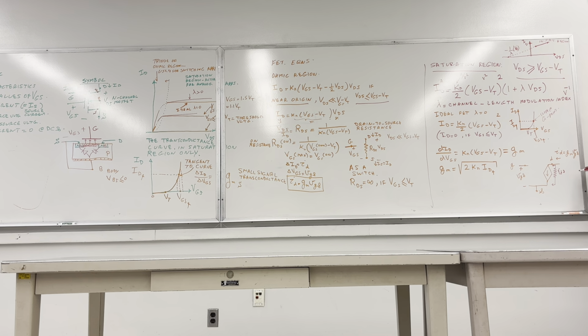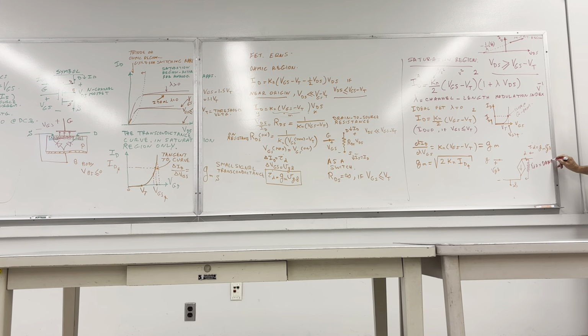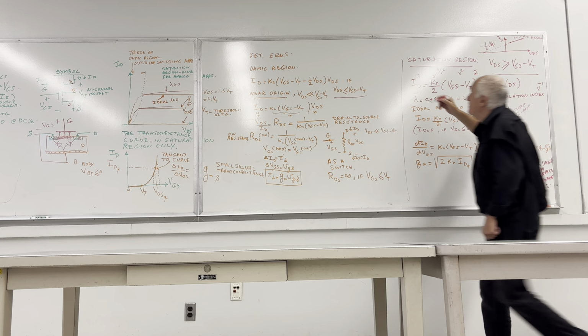This is the drain to source dynamic resistance. It is like RO of the transistor, which used to be in the transistors. We used to have here.